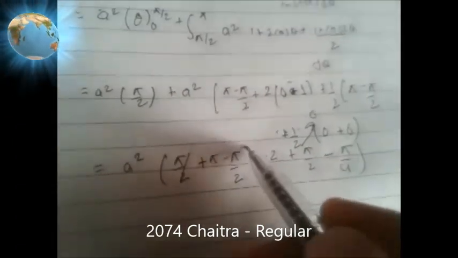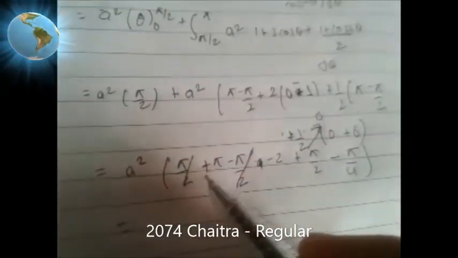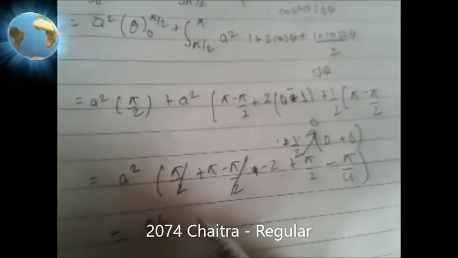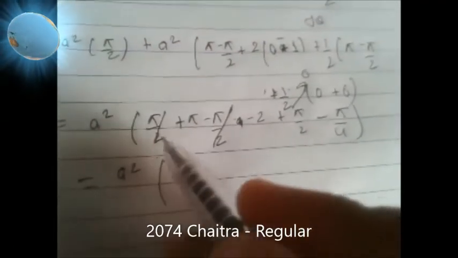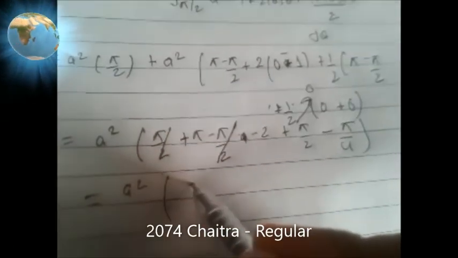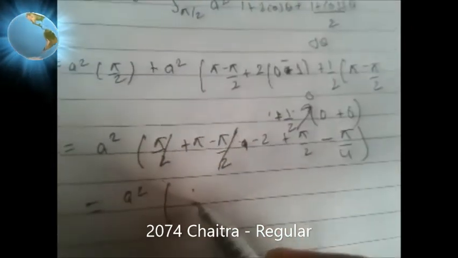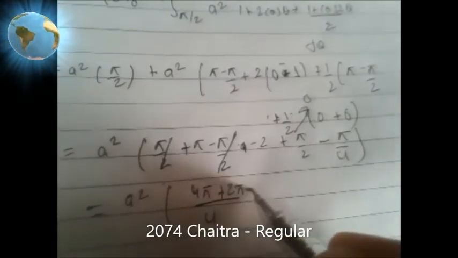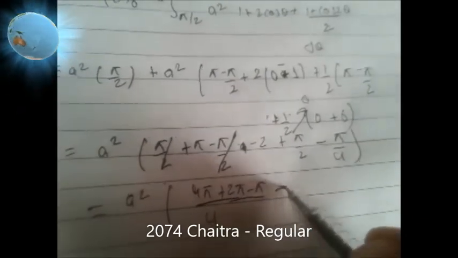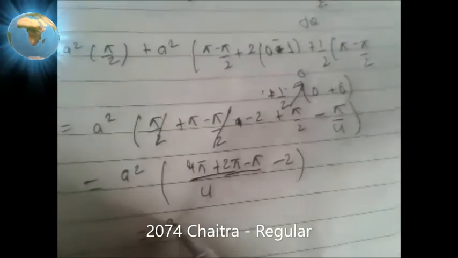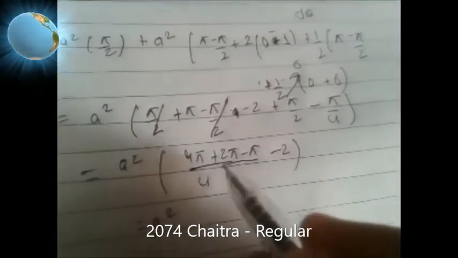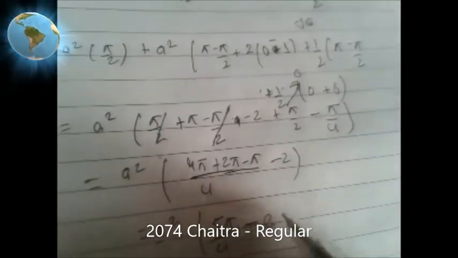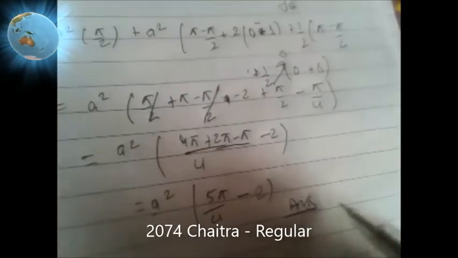Now pi by 2 and pi by 2 cancel, and a square remains. Taking LCM 4, this would be 4 pi plus 2 pi minus pi by 4 minus 2, so a square times (5 pi by 4 minus 2), and this would be our area answer.